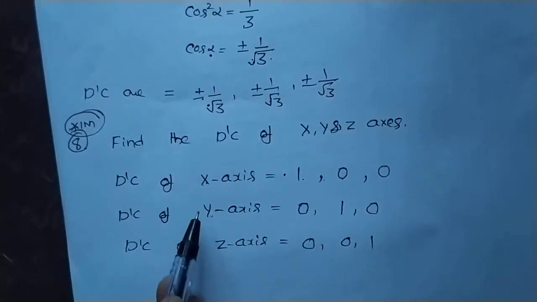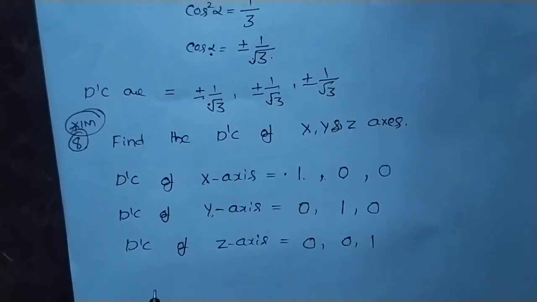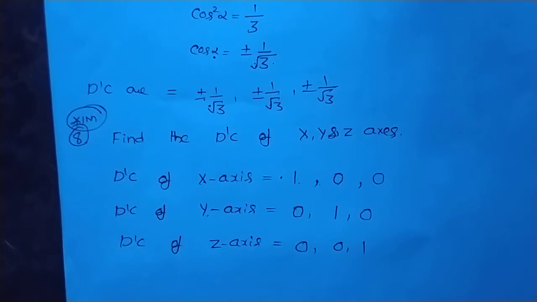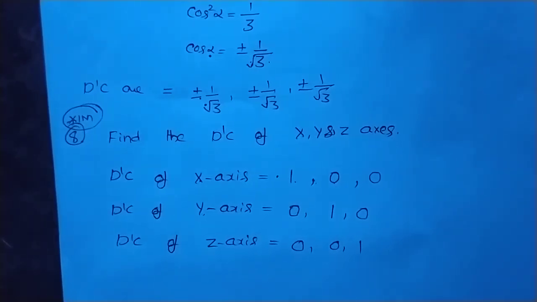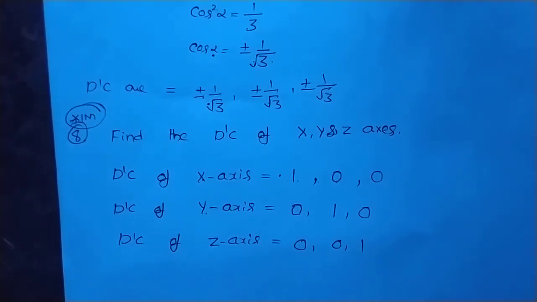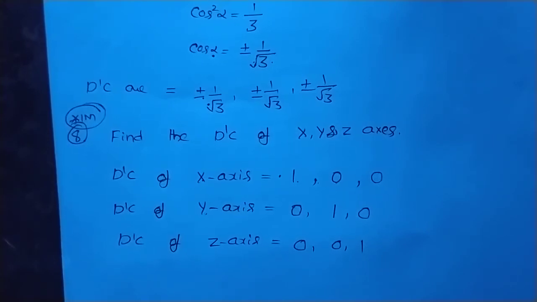Okay dear students, this is the concept of finding the direction cosines of a line. We have solved so many questions regarding the direction cosines and the direction ratios of a line.